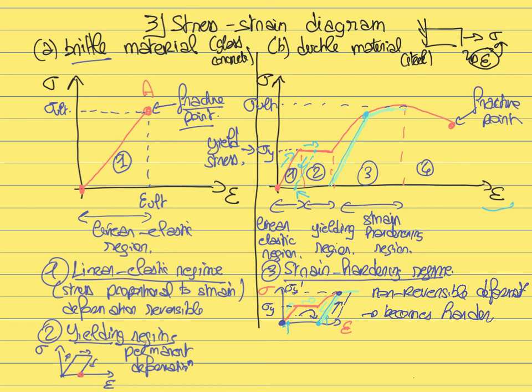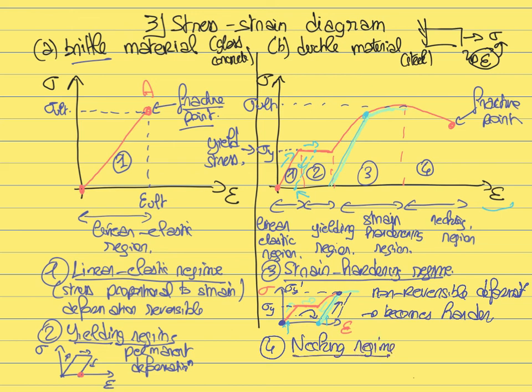And then the last regime after that is that at this point, despite the fact that you are continuing to deform the material, the stress is actually decreasing. So this is what is called the necking region. This is the fourth stage of the deformation, which is the necking regime.